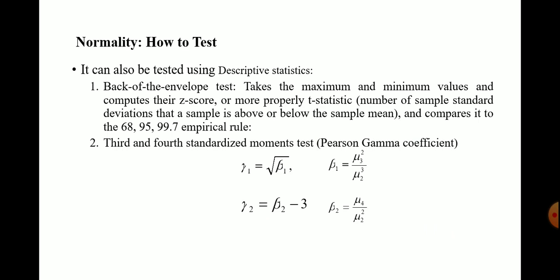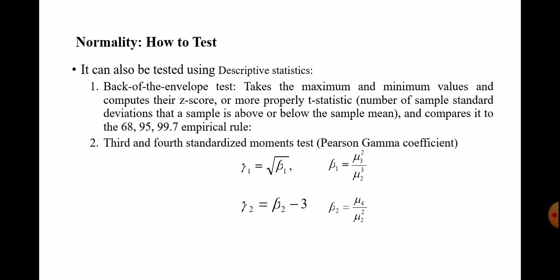And it compares this with the 68, 95 and 99.7 empirical rule. You might have learned there is an empirical rule in the normal distribution. That means mean plus or minus 1 standard deviation will cover 68% of the total area.